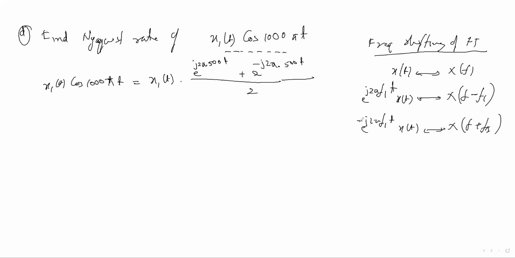Because here minus is there, a plus has come. Here plus is there, minus has come. Like that, the Fourier transform of this signal can be found.